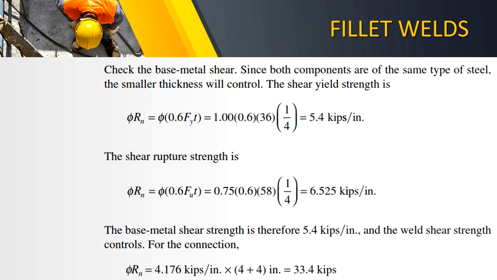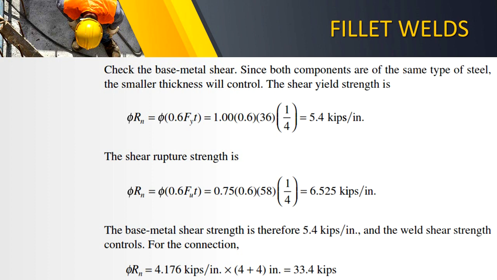Next is to check the base metal shear. For the shear yield strength phi Rn, by substituting the value, we get 5.4 kips per inch. For the shear rupture strength phi Rn, by substituting, we get 6.525 kips per inch.